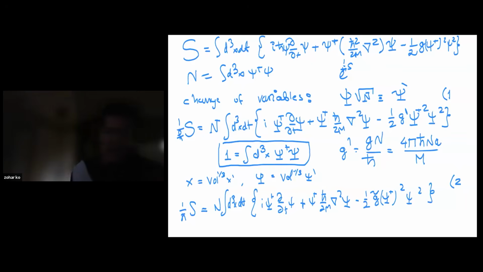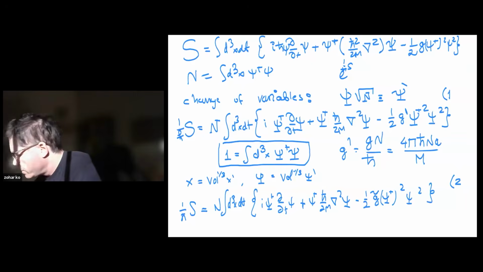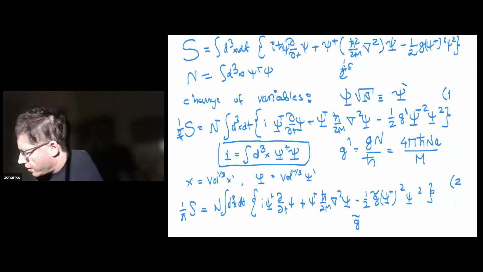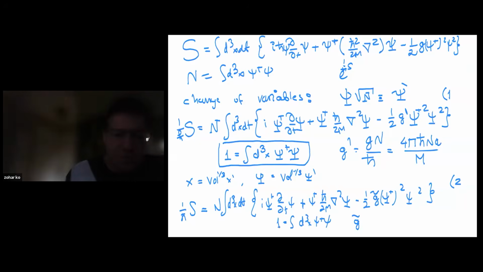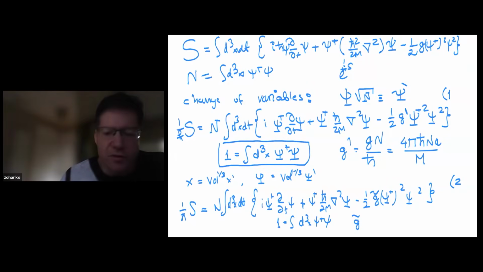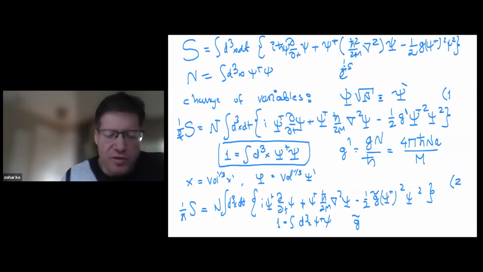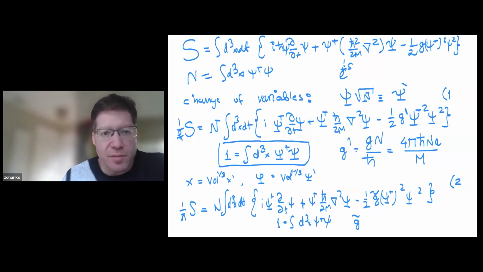And now, g twiddle, let me just write the final formula. Here, the normalization of the wave function is 1 equals d3x psi dagger psi. But now space has volume 1, so there are no parameters anymore. The dimension of space is not a parameter anymore.